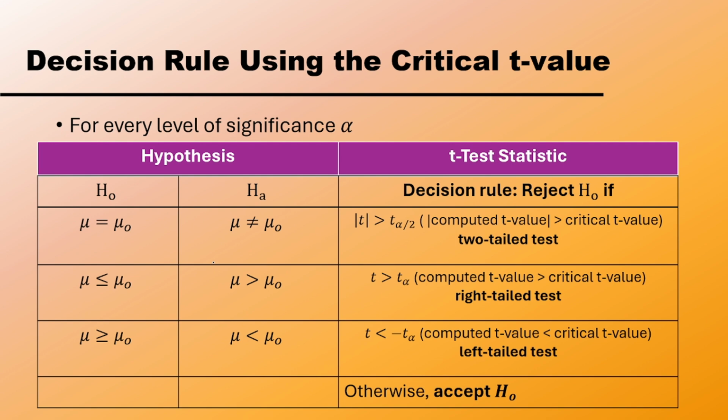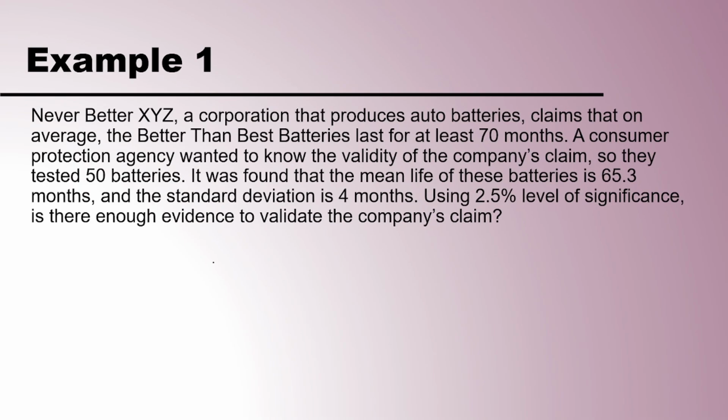So let's go now to the examples. For this example, Never Better XYZ, a corporation that produces auto batteries, claims that on average, the better than best batteries last for at least 70 months. A consumer protection agency wanted to know the validity of this claim, so they tested 50 batteries.